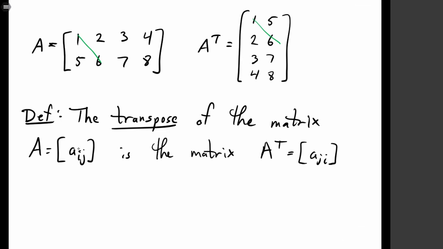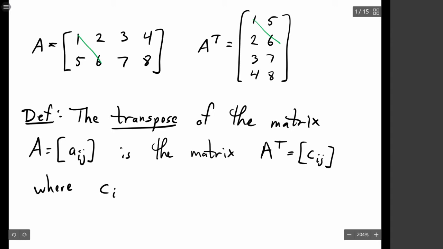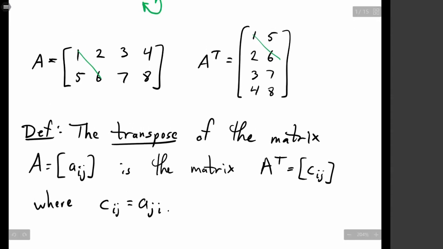So you take all the entries from this matrix and you flip them around. So maybe a better way to write this could be, let's say this is Cij, where Cij equals Aji. Maybe that's a better way to look at it. So if we went to, say, row 2, column 4 in the original matrix, that would correspond to row 4, column 2 in the new transpose. So hopefully that makes sense, and it's not too bad.